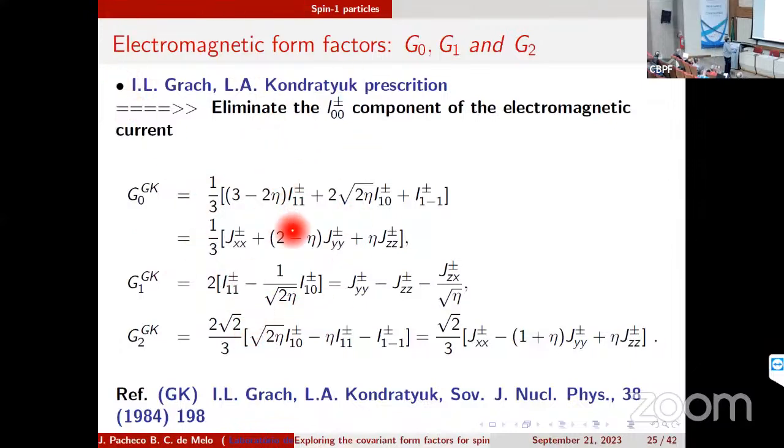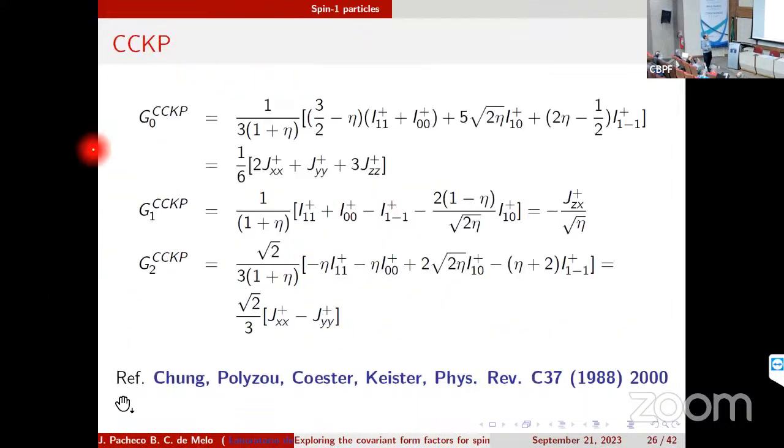Then they have this combination. Is that important? You see, 0, 0 is not here. Polarization 0, 0 is not here. For these 3 form factors, it's not here. Then you have the Chung-Keister-Polizou prescription. He used the 4 matrix elements in light front, written in Cartesian basis like this. Okay, that is important.